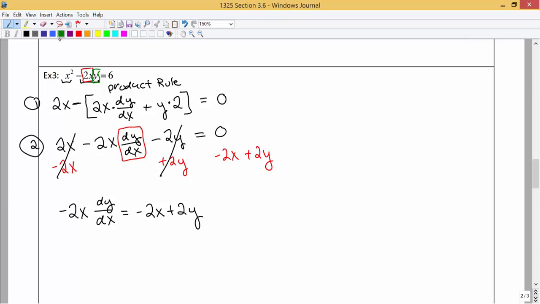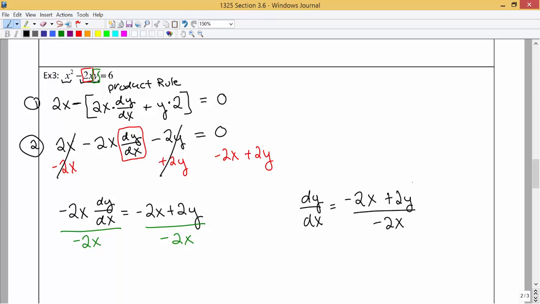Then the last thing we want to do is divide by anything that is not dy/dx. So we're going to divide both sides by negative 2x. So our final answer, dy/dx, the derivative of y with respect to x, that slope formula, would be negative 2x plus 2y divided by negative 2x.